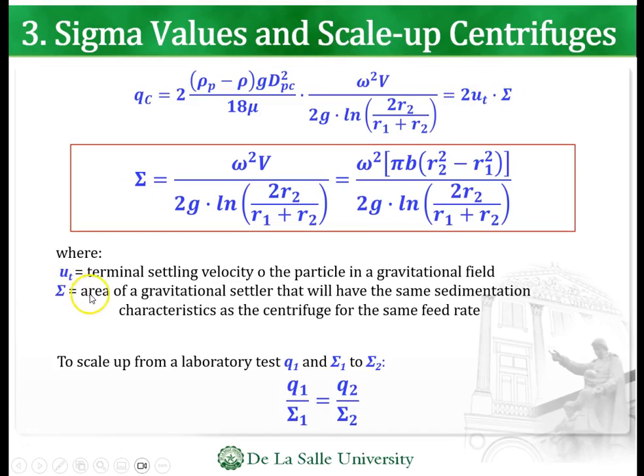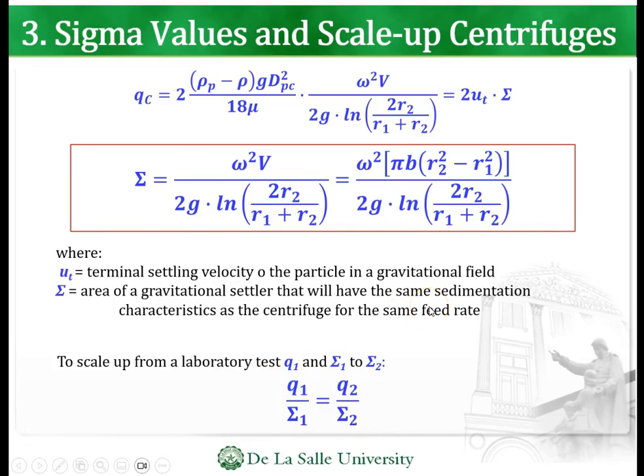The sigma is the area of a gravitational settler that will have the same sedimentation characteristics as the centrifuge for the same feed rate. That's why you correlate them by equating Q1 over sigma 1 is equal to Q2 over sigma 2. So basically, we can scale it up using this relationship.